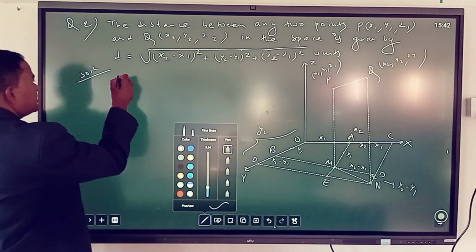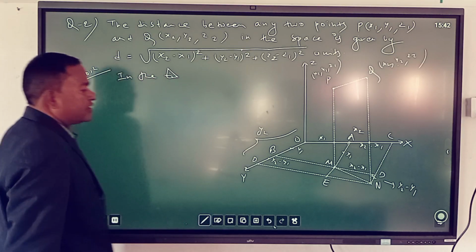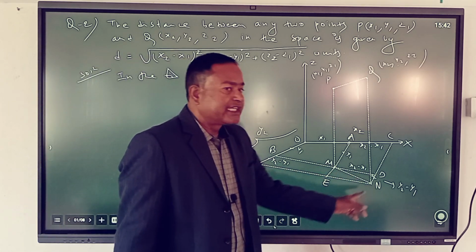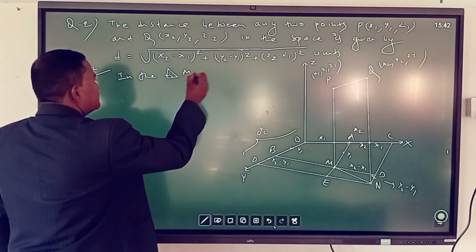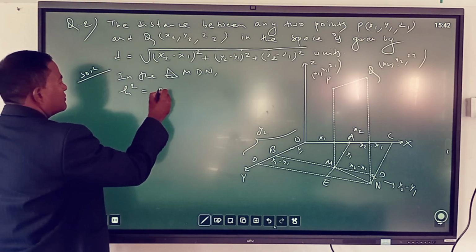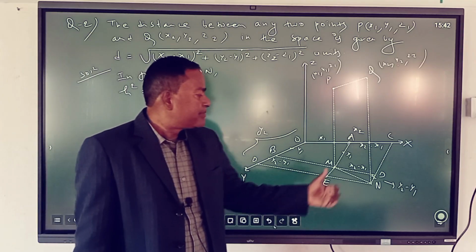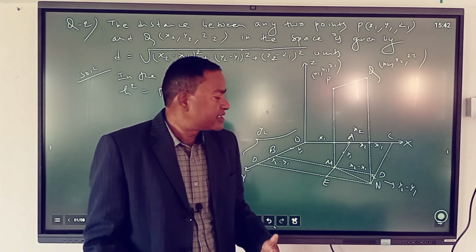So dear student, in the right angle triangle MDN, applying the Pythagoras theorem, that means H square is equal to P square plus B square.